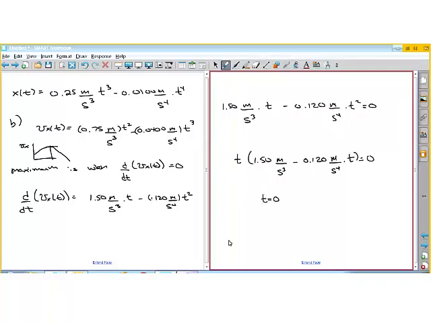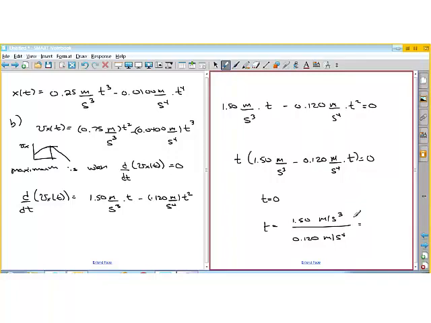So one solution is t equals 0. The second solution is when this factor goes to 0. If you solve for t there, you get 1.50 meters per second cubed divided by 0.120 meters per second to the fourth. What I've done here is move this to the one side so it becomes positive, and then divide by this coefficient.